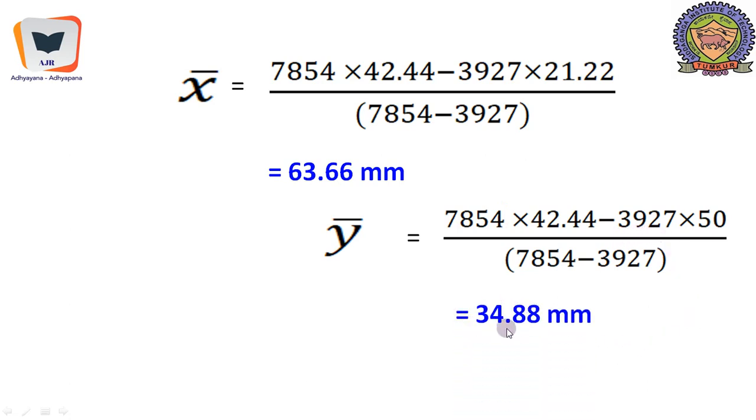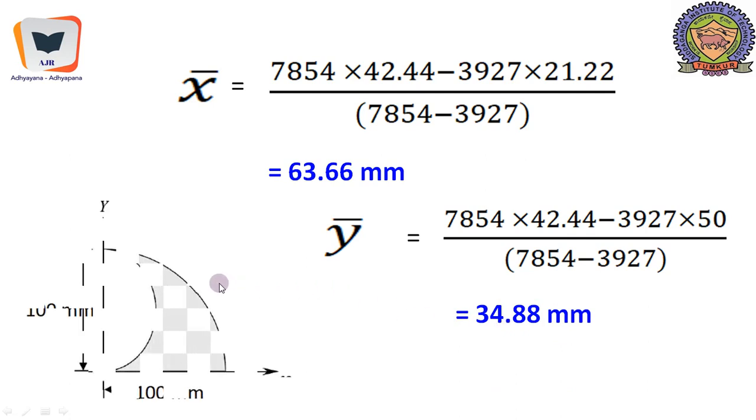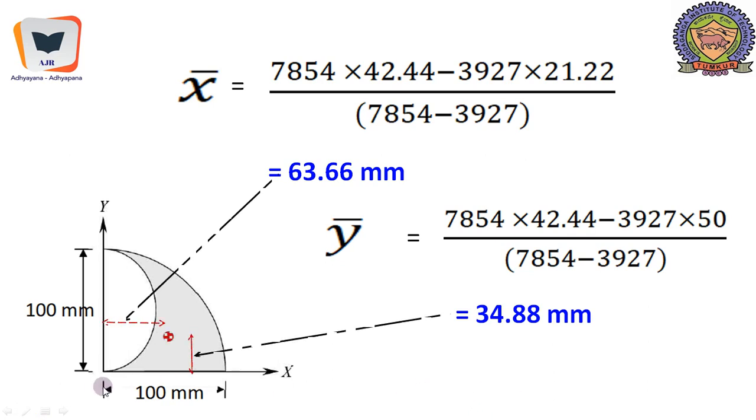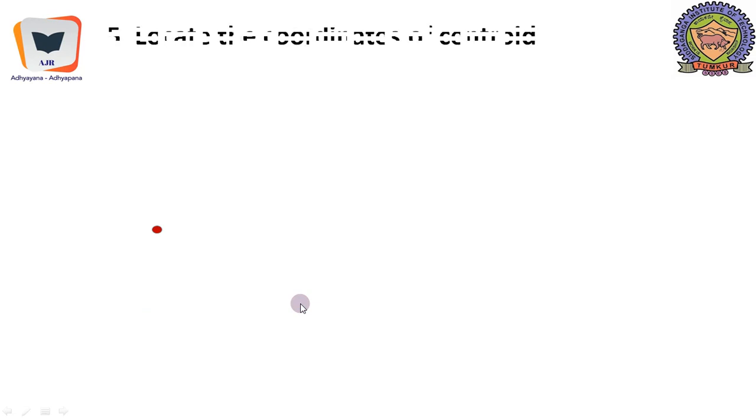So it has given us 34.88. Now we will just plot this. So from this reference axis, x bar is 63.66, and from this reference axis it is 34.88, and it is over here approximately, and this is 34.88, y bar, and this is 63.66, that is x bar.